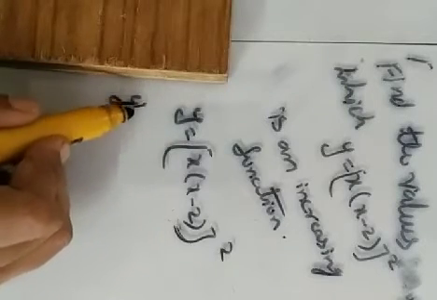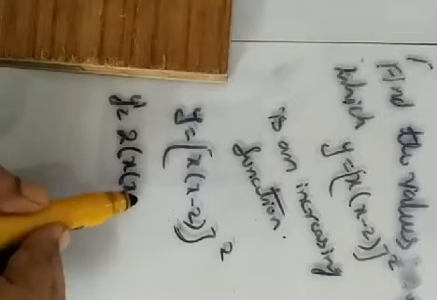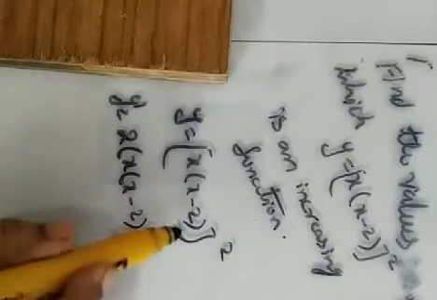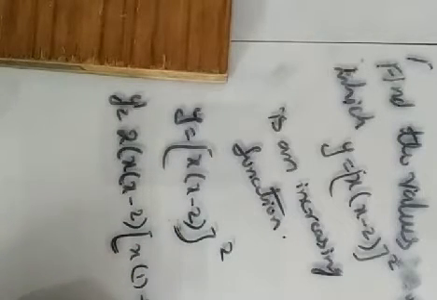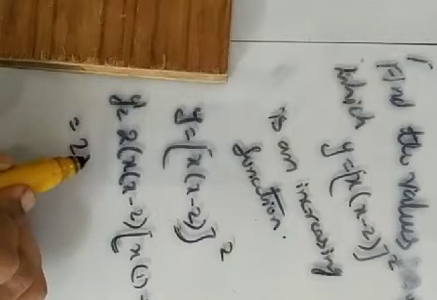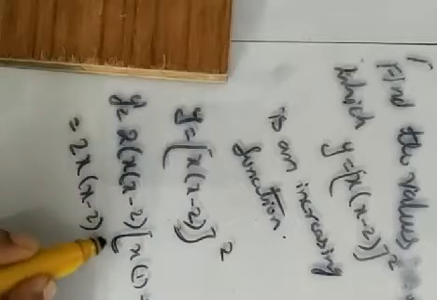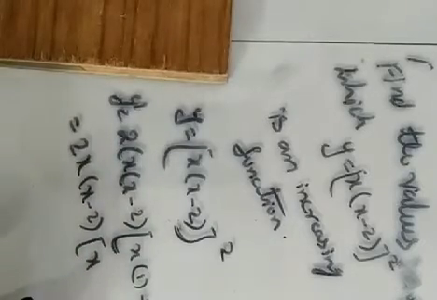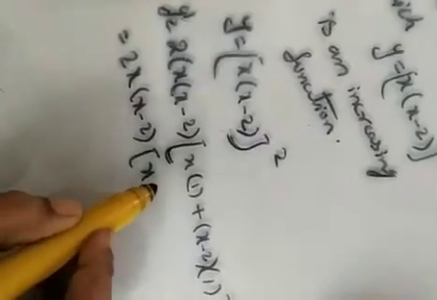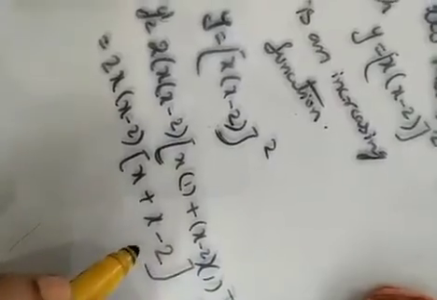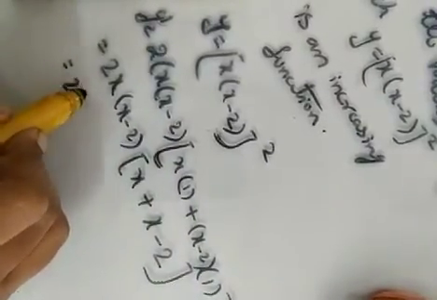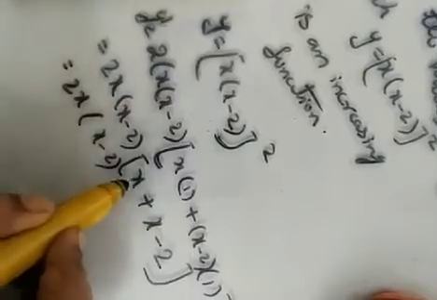So what will be the dy by dx? We have to use the product rule. Keep the first function as it is, differentiate the second function, plus now keep the x minus 2 square as it is, differentiate the x. So it is equal to x into 2 into x minus 2, plus x minus 2 whole square, which is equal to 2x into x minus 2 plus x minus 2 whole square.